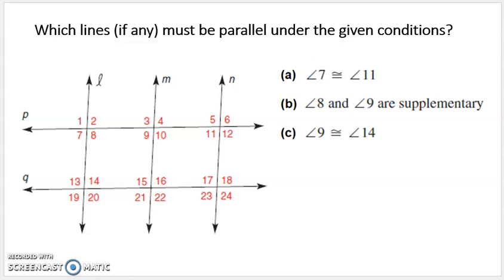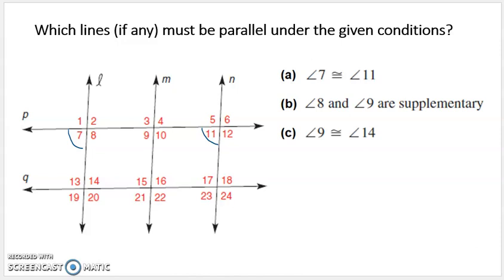Okay, I have lines L, M, and N. I've got lines P and Q. So here it's basically using the second part of the if and only if. If we know, for example, that angles 7 and 11 are congruent, what can we say about this figure? Both of those angles lie on transversal P. Neither of those angles has anything to do with M, so M is out of the picture.